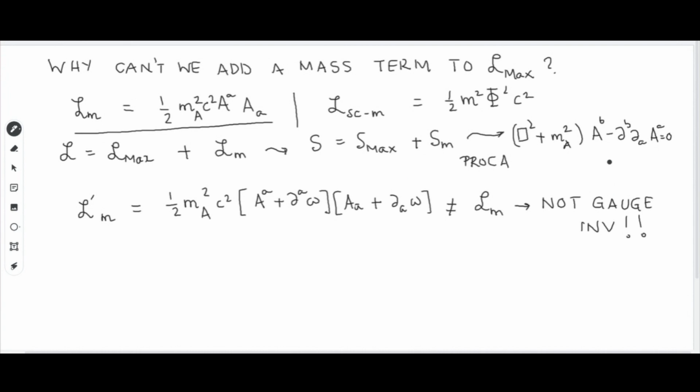Good. But there is a huge number of things related to this, and I'm going to say a few things which are fairly physical, no more math. So what we realize is that the Maxwell field cannot have a mass term, unlike a scalar field, because such a term will violate gauge invariance. Now you might say, well, why not something more complicated?